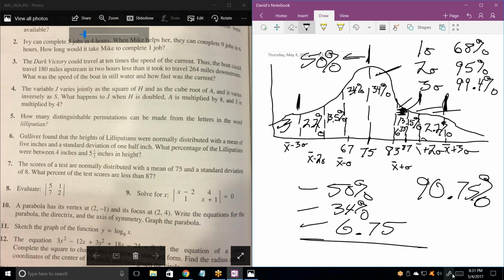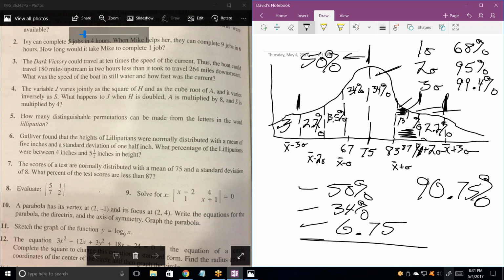In other words, the original zone was 13.5%. Going from the mean plus 1 standard deviation to the mean plus 2 standard deviations is this whole area right here, up to 91. That would be the 13.5% zone.